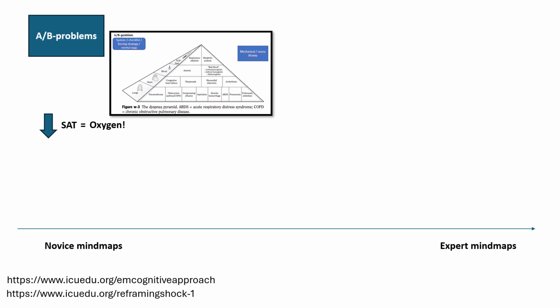You might also consider what I often call the dyspnea pyramid, where you have 4 causes of dyspnea: lung things, heart things, blood things, and pH things. And then in this area, you have all the differential diagnoses.